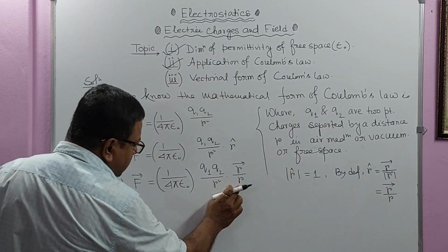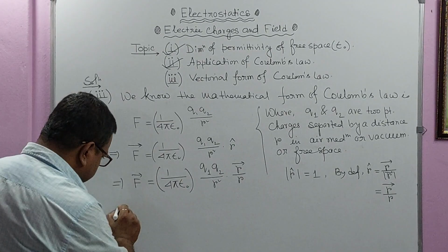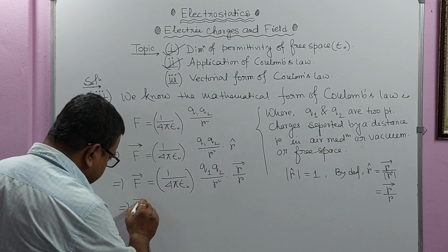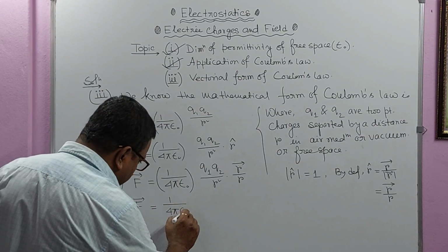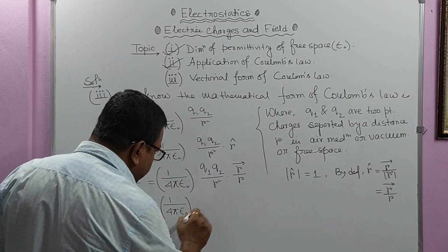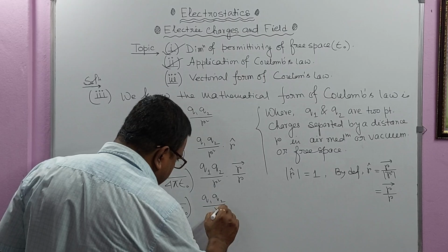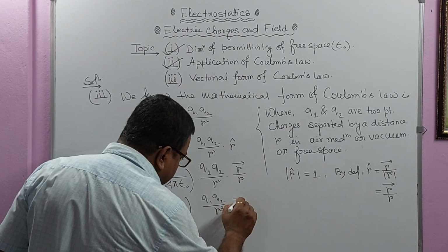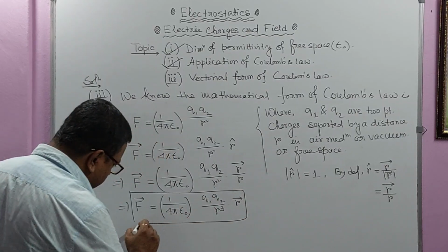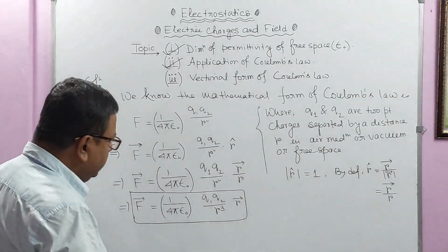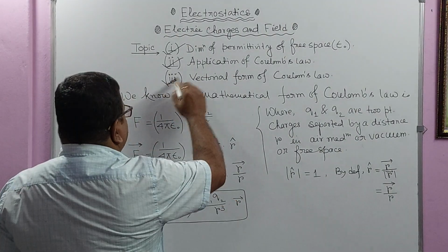So if we multiply these two, it becomes r cube. So F vector equal to 1 by 4 pi epsilon naught Q1 Q2 by r cube times the vector r. So this is the final vectorial form of Coulomb's law. Okay, that is the final expression.